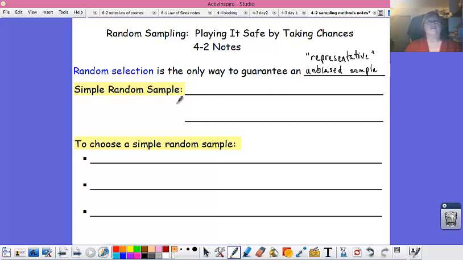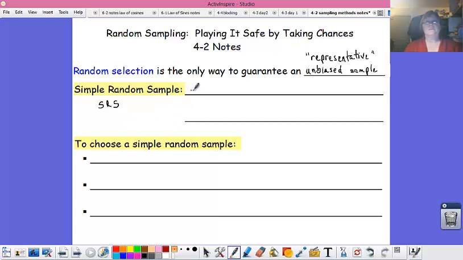We're going to talk about several different types of sampling today, and we're going to start with the idea of a simple random sample, sometimes called an SRS. So if you see me use those initials, that's what I mean, simple random sample.